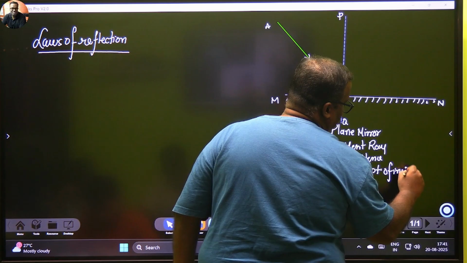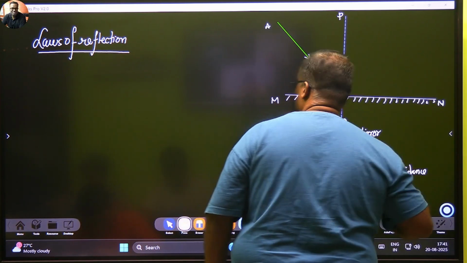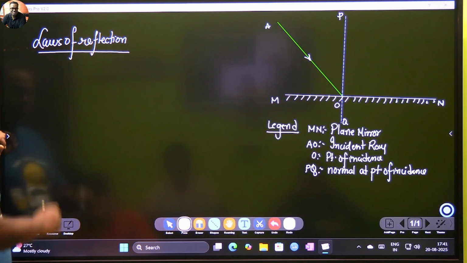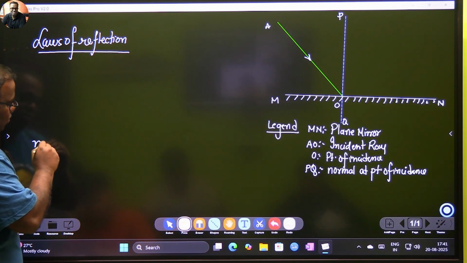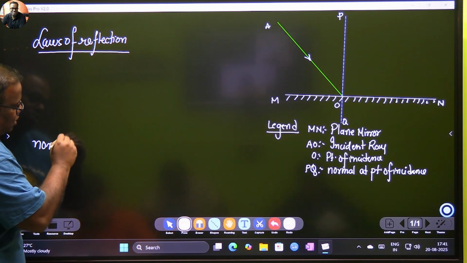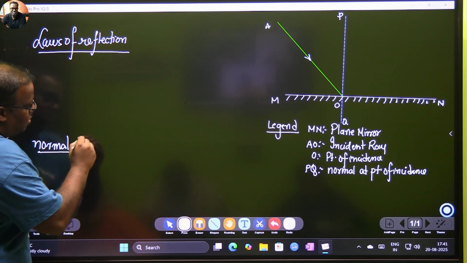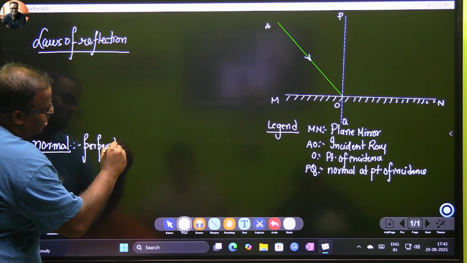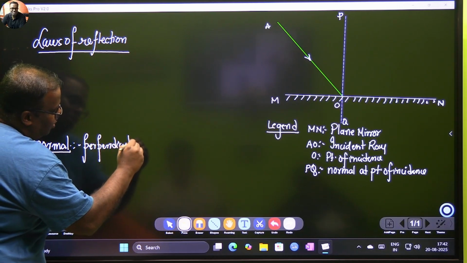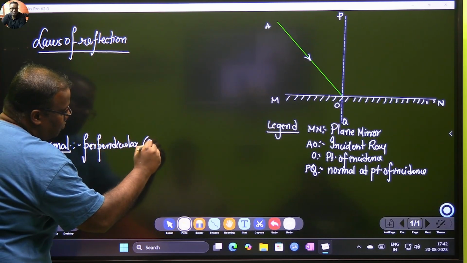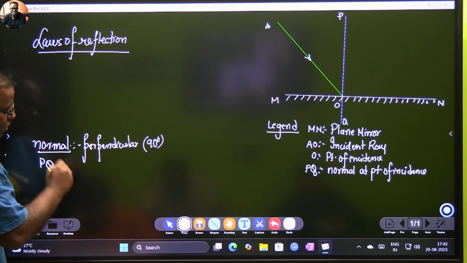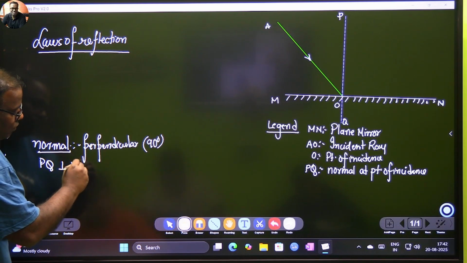Let us understand this first. The word normal, in terms of geometry, normal means perpendicular. Perpendicular means something that makes an angle of 90 degrees. So our normal, which is PQ, is perpendicular to MN, that is the reflective surface.